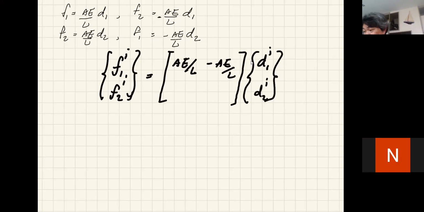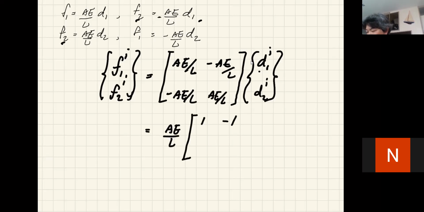And if I do D2 here, it's going to be minus AE over L multiplied by D1 right here, and then AE over L. So I can simplify this by taking AE over L out, and this matrix should be 1, minus 1, minus 1, and 1.